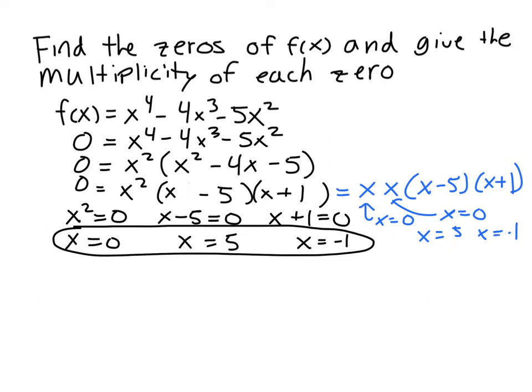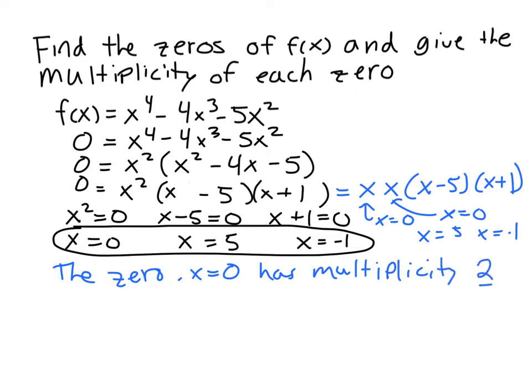So what is the multiplicity? We're saying the multiplicity of x equals 0 is 2, because it shows up twice. So let me write that. The zero x equals 0 has multiplicity 2. The zero x equals 5 has multiplicity 1, because it only shows up once.